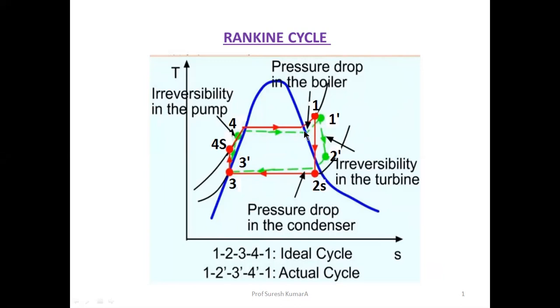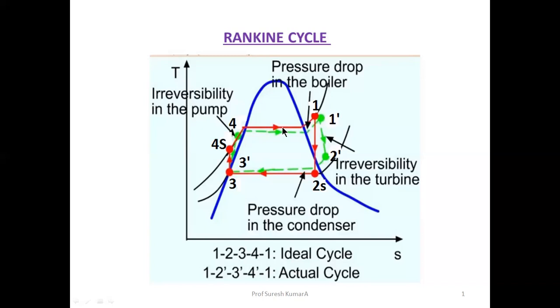Because of the pressure drop in the boiler, instead of coming at state 1, the state will be at 1 dash in the turbine. That means the turbine expansion will start at 1 dash instead of 1. You can see the pressure here will be a little bit lesser than the pressure at which it has to start. So there is a pressure drop in the boiler.